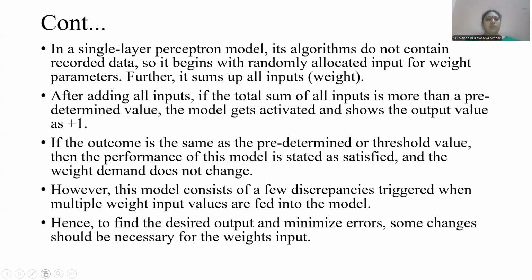If the outcome is the same as the predetermined or threshold value, then the performance of the model is considered satisfactory, and the weights do not change. However, this model has a few discrepancies, triggered when multiple weighted input values are fed into the model. To find the desired output and minimize error, some changes are necessary to the weights of the input.